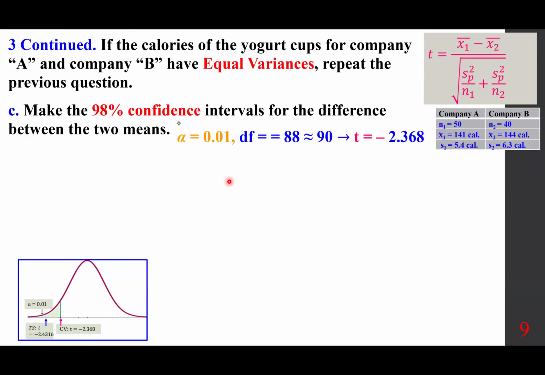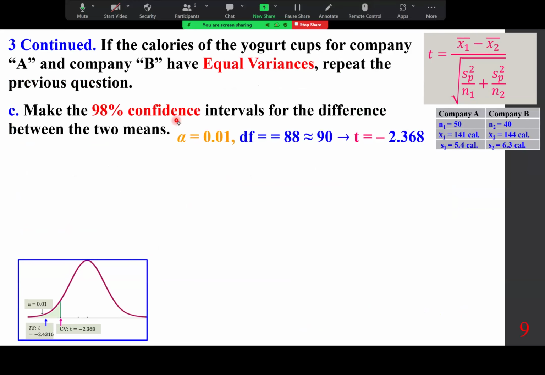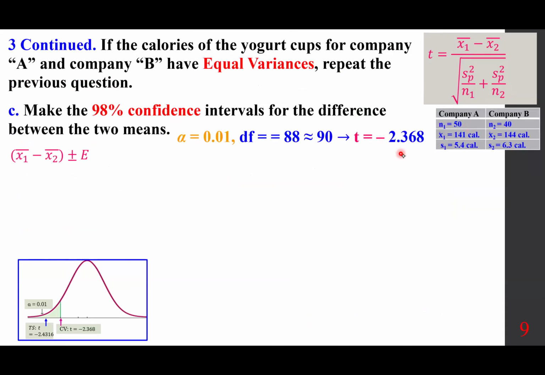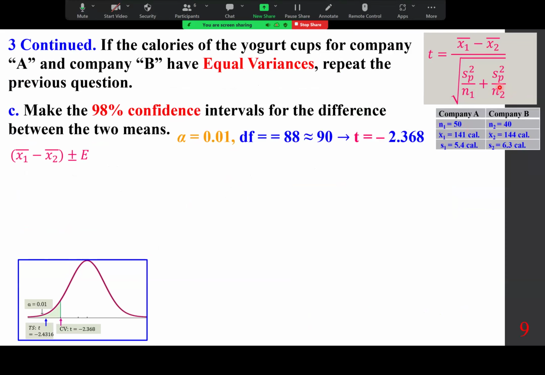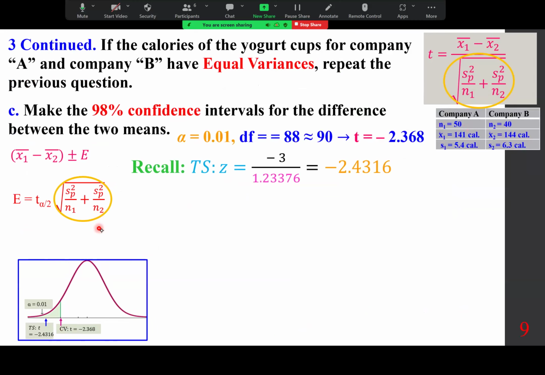Let's look at the 98% confidence interval. And again, information from before with all of this. We are interested in calculating x1 bar minus x2 bar plus or minus the critical value times the denominator. Again, I remind you of this formula, and therefore what we had here makes it easier. Recall that for the test statistic, we had this.